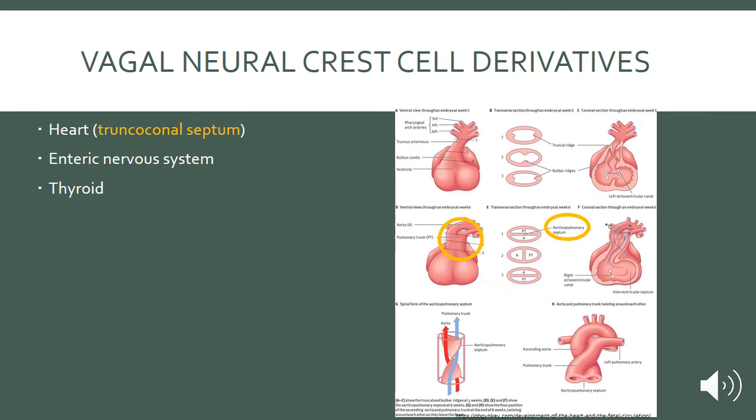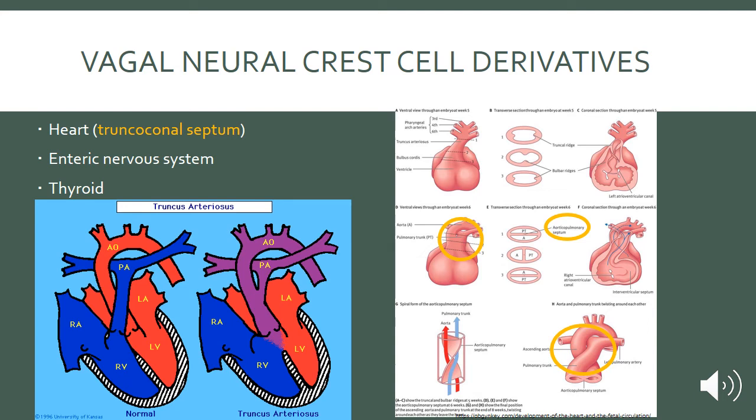And one way they do that is the neural crest cells derived from the vagal region come in and form this truncoconal septum, which in this diagram is also called the aorticopulmonary septum. Same thing. But they form this septum, which allows the aorta and the pulmonary artery to divide into their own separate vessels, which is important, critical actually, for blood flow in the heart.